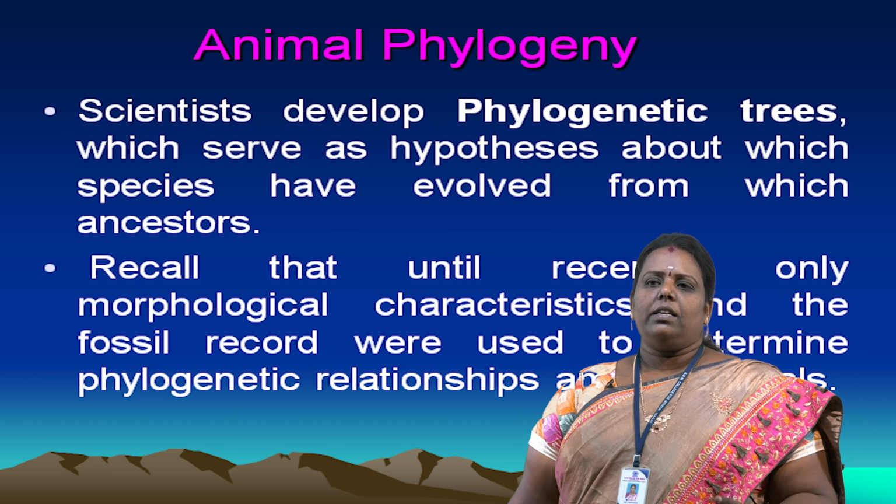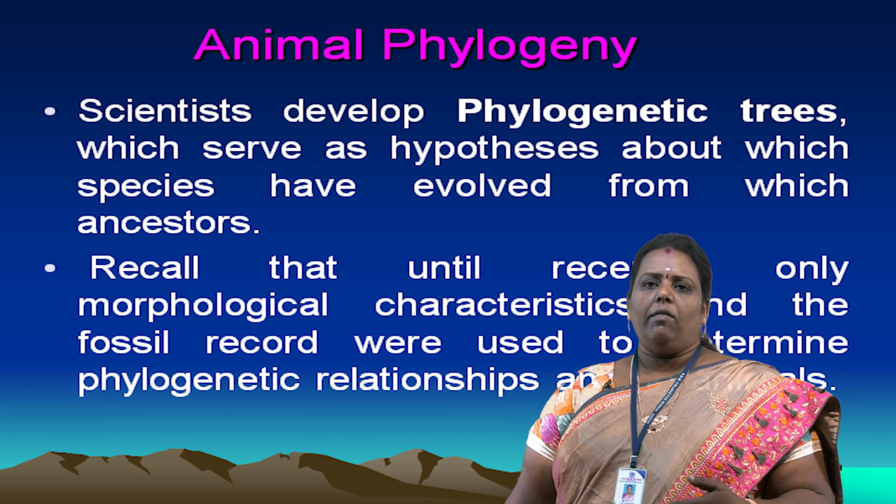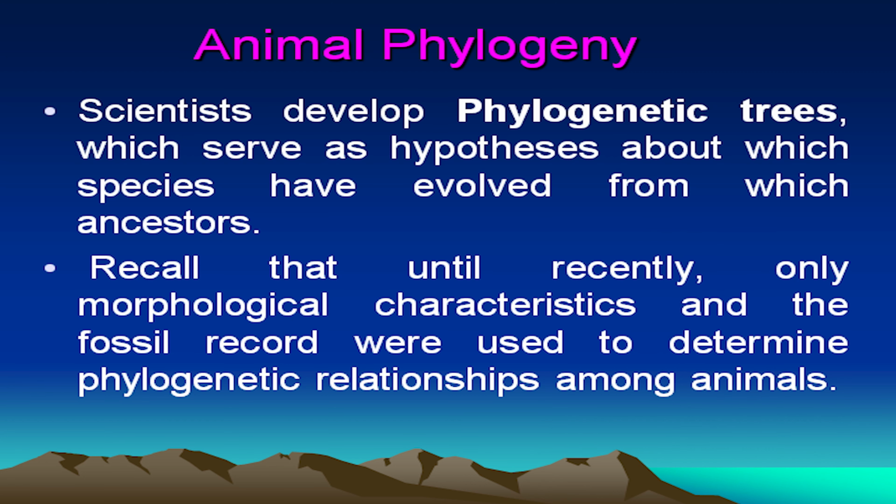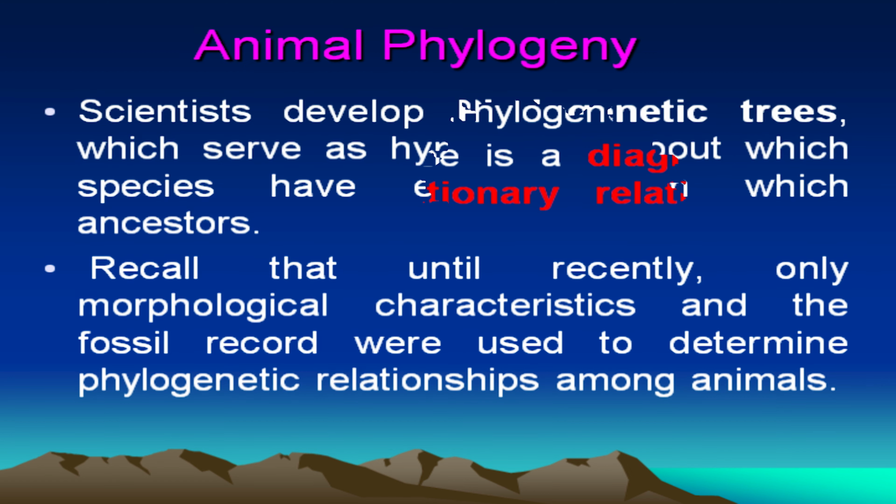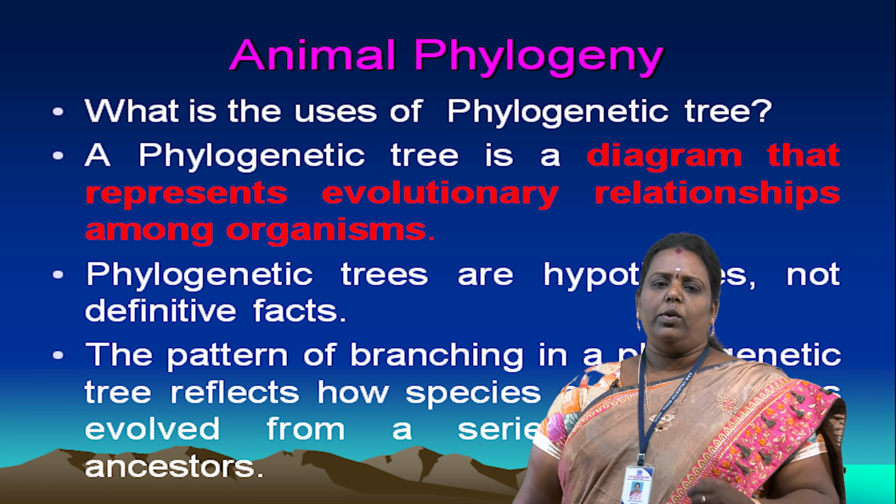After the ancestors, how the species evolved from that ancestor, and more recently morphological characters, external characters, and evidence from the fossil record are used to determine the phylogenetic relationships among animals in invertebrate phylogeny. What are the uses of phylogenetic trees?